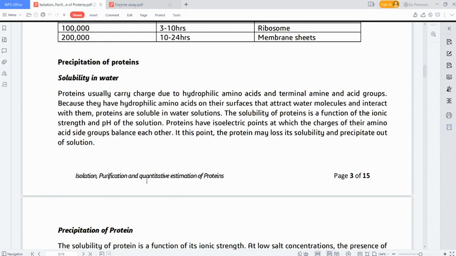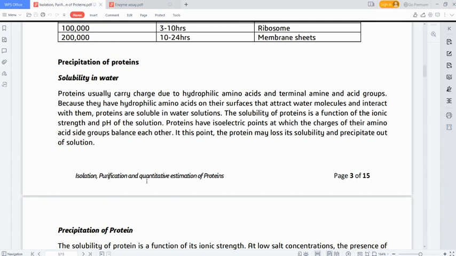Now, because they have these hydrophilic amino acids on their surfaces that attract water molecules interacting with them, proteins are soluble in solution. So the solubility of a protein is a function of its ionic strength and the pH of the solution. Okay, so for a protein to be soluble, it's a function of two things: the number of charges it carries, which contribute to the ionic strength, and then the pH, whether it is in the acidic form or in the basic form.